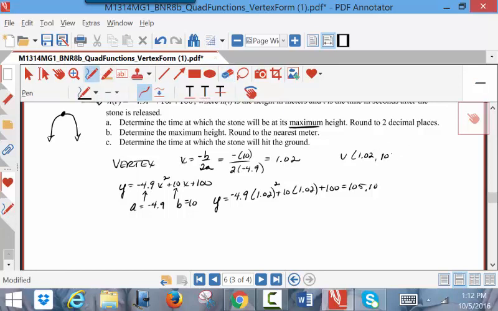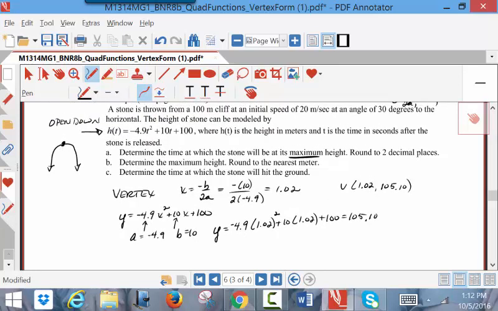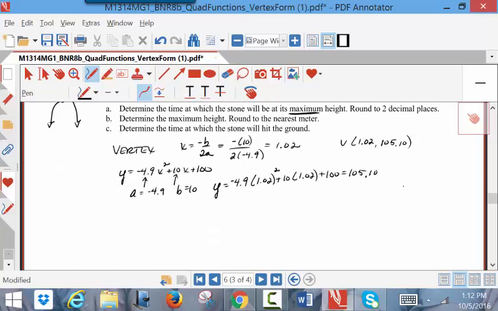So my vertex y value is 105.10. Okay, so this vertex on this little diagram I drew over here, the vertex of this opening down parabola, that's the value of it.